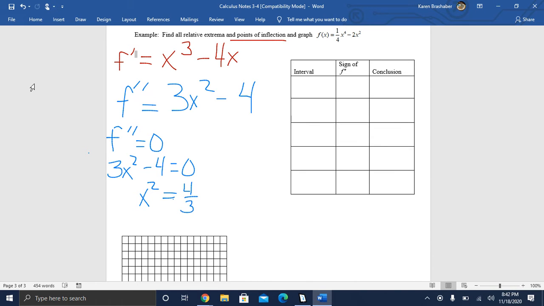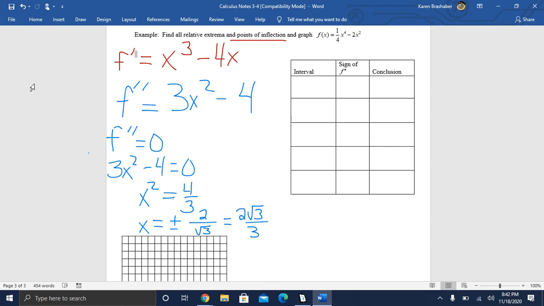And then square root both sides. And remember, when you square root, that you get plus or minus. So that would be plus or minus 2 over the square root of 3, which, if you rationalize the denominator, would be 2 square root 3 over 3. So you've got your 2 x values.